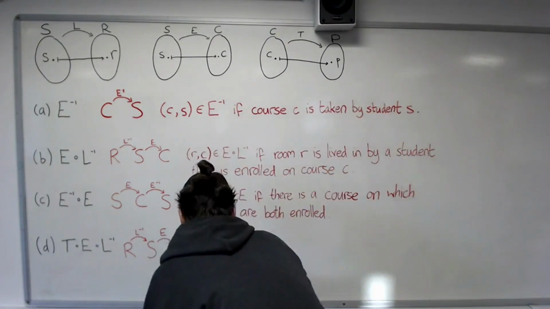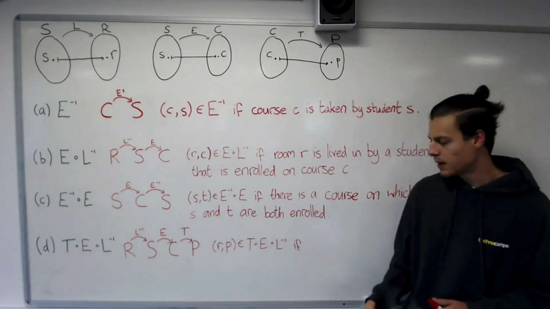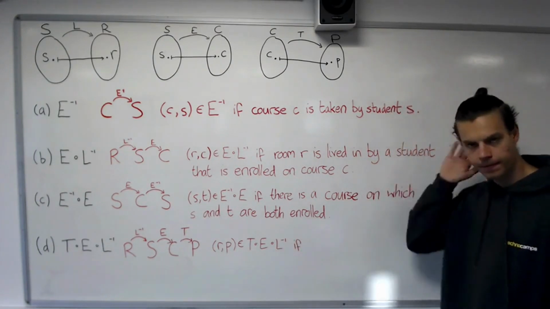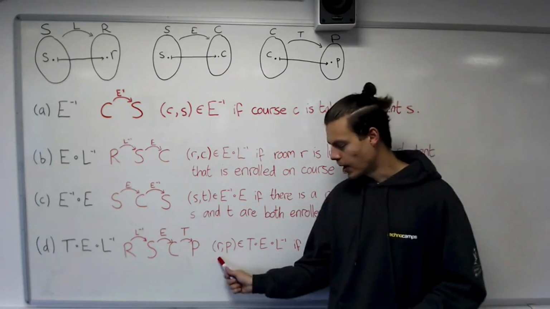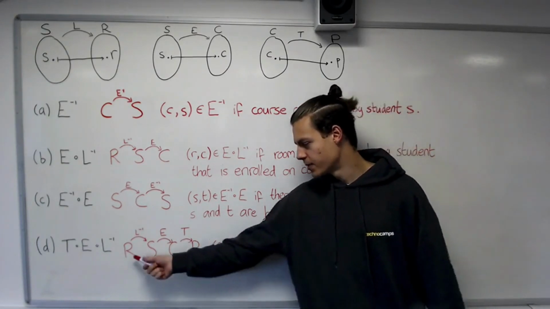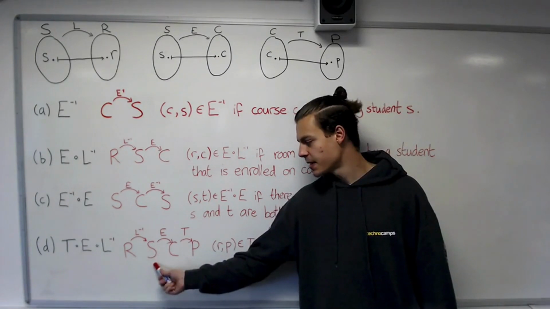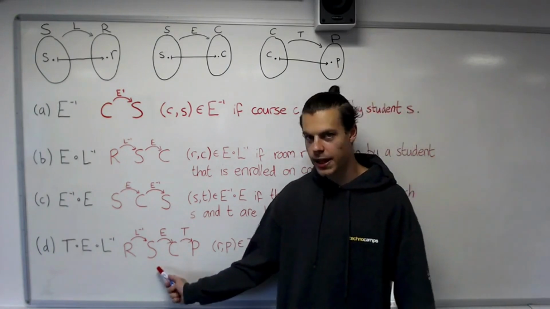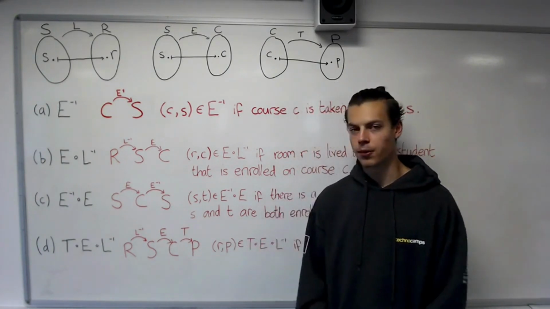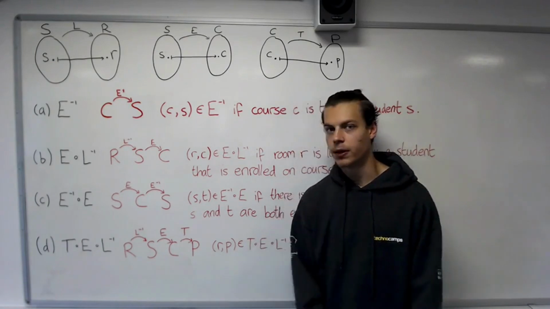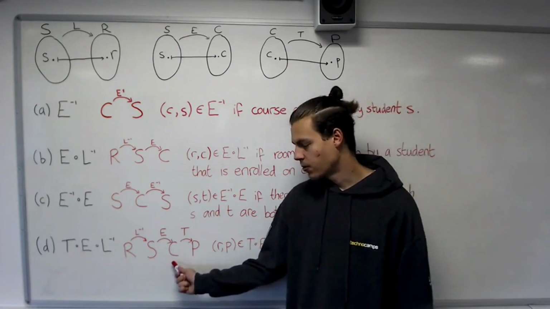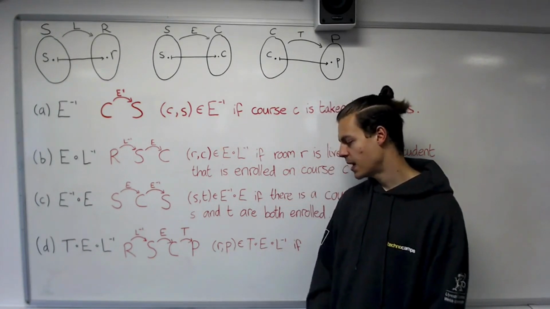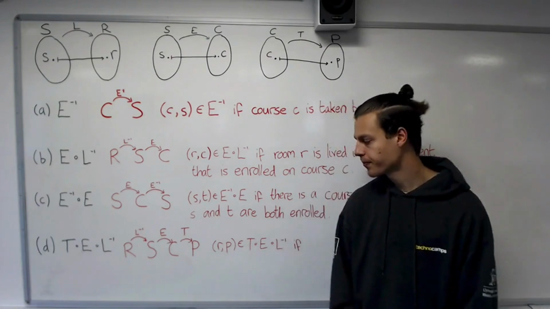Now, when is the pair RP in this relation? So room R is related to a student S if that student lives in room R, and that student S is related to course C if that student is enrolled on course C, and that course C is related to Professor P if Professor P teaches that course.